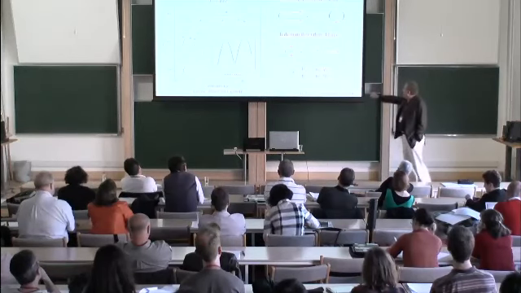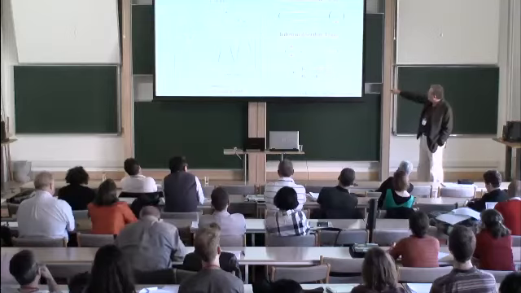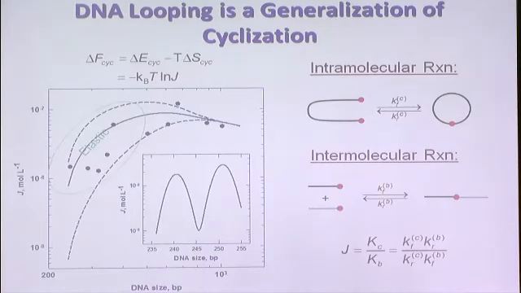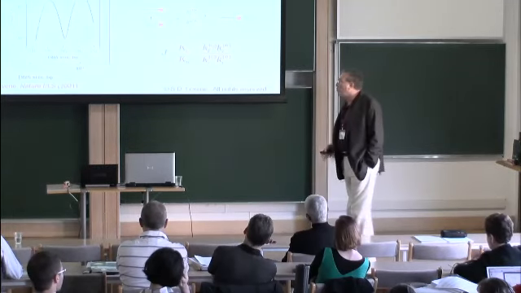And in the limit of short length scales, the dependence is dominated by the elastic part. In the limit of long length scales, the process is dictated by entropy, as the ends become more and more dilute from each other as the chain gets longer. And in fact, these upper and lower dashed curves approach an asymptote that's described by this -3/2 power of the length dependence that we've been talking about in connection with the equilibrium globule.